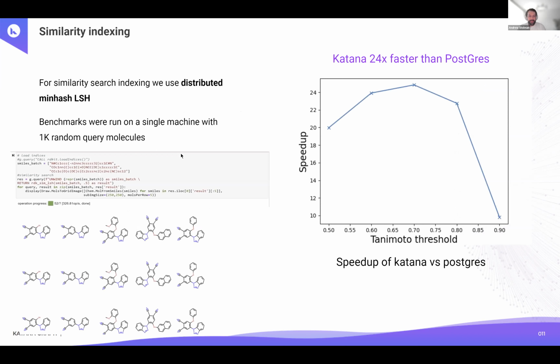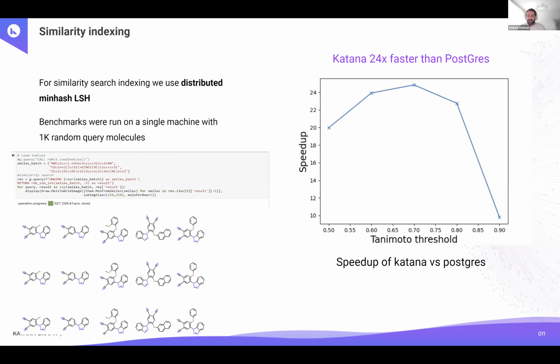For similarity search, we implemented an indexing. So you would pre-run this indexing method on your graph. The way it works is it's a distributed min-hash locality sensitive hashing technique. This is a pretty straightforward, off-the-shelf method in computer science for finding similar bit vectors.